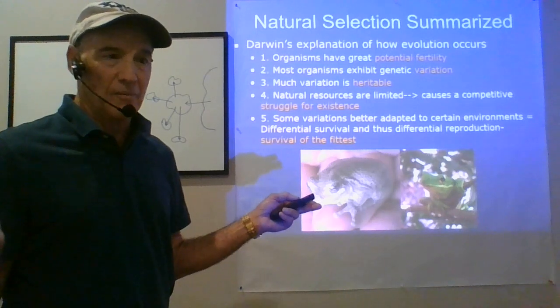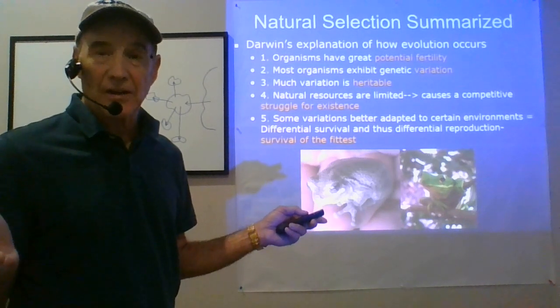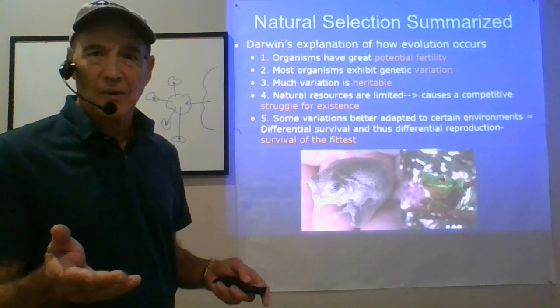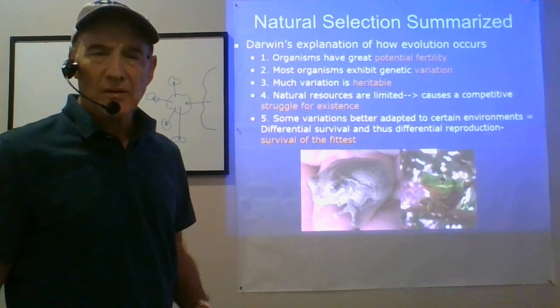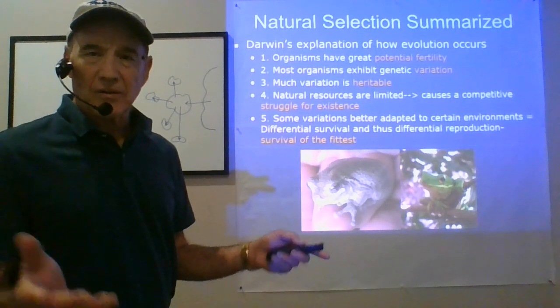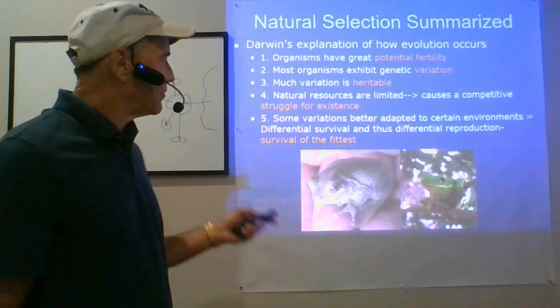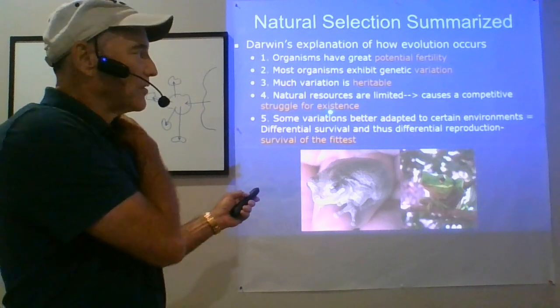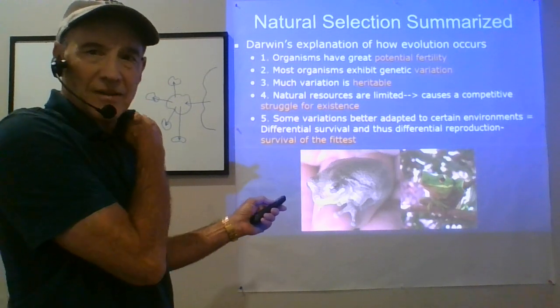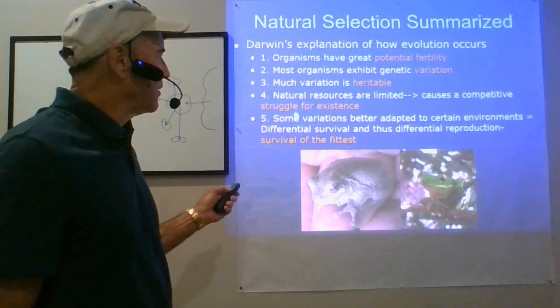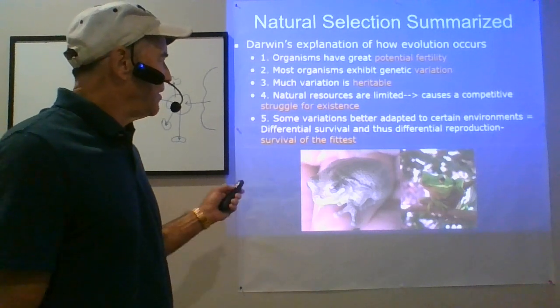They're going to end up competing with one another. They're all alike, so they're all fighting for the same types of food and shelter. So there's competition, a struggle for existence.